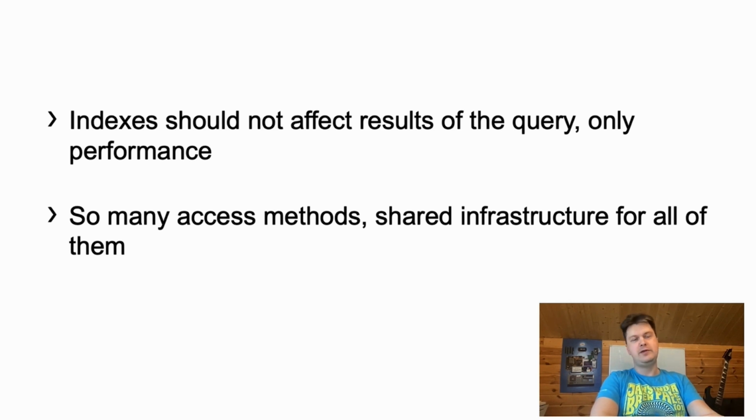We have btree, GiST, GIN, BRIN, and so on and so on. And we may also have indexes as extensions. And the infrastructure for creating an index concurrently must be shared by each and every access method, each and every index type.